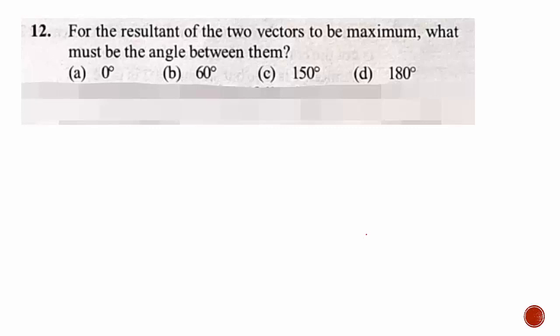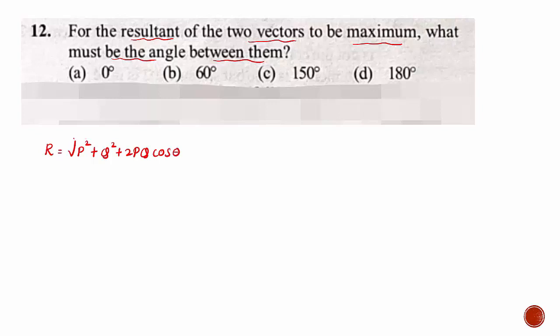Then 12th question. For the resultant of two vectors to be maximum, what must be the angle between them? We want maximum resultant. The resultant of two vectors is given by the equation in general: R equals square root of P square plus Q square plus 2PQ cos theta.